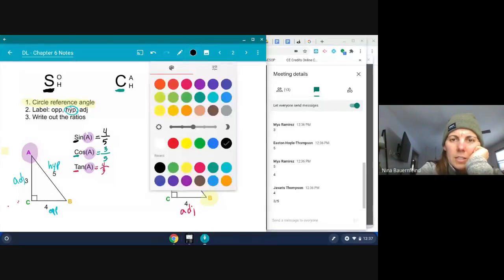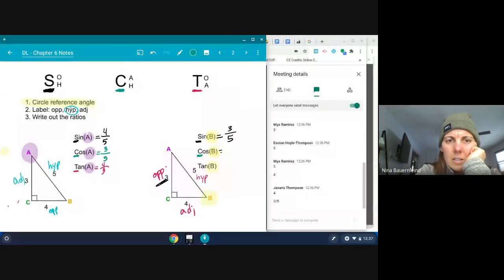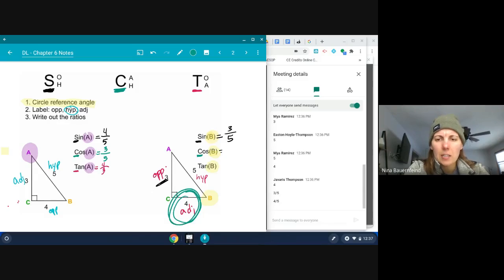So the next one is cosine, which is C. This guy right here. A goes on top. What is adjacent? Adjacent is 4.